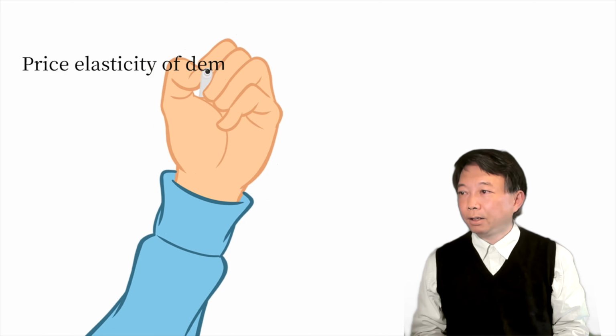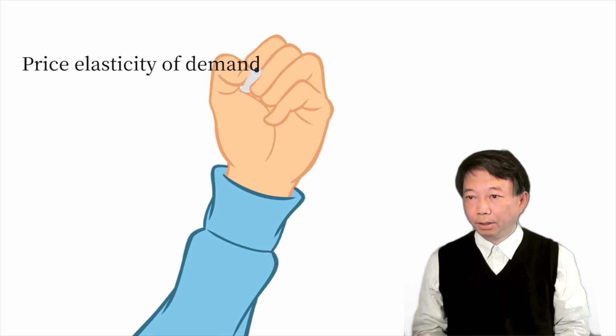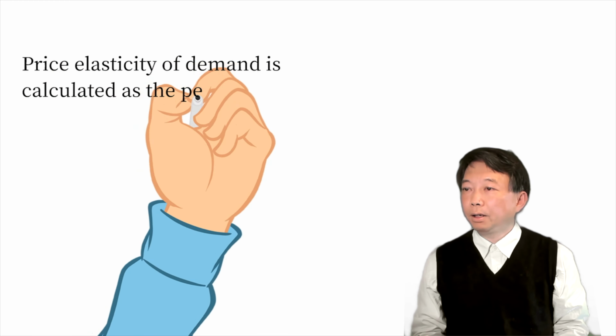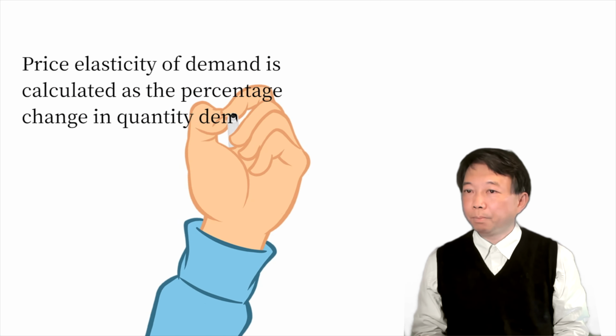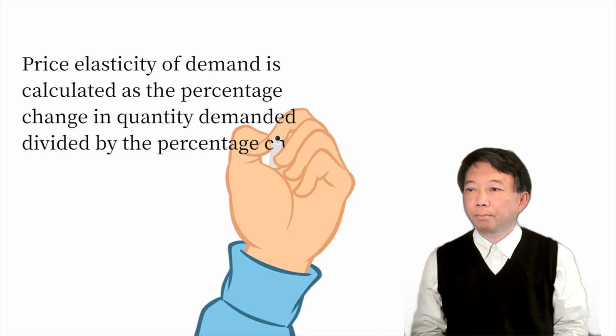Economists use the concept of price elasticity of demand to measure how the quantity demanded of a good responds to changes in prices. Price elasticity of demand is calculated as the percentage change in quantity demanded divided by the percentage change in price.